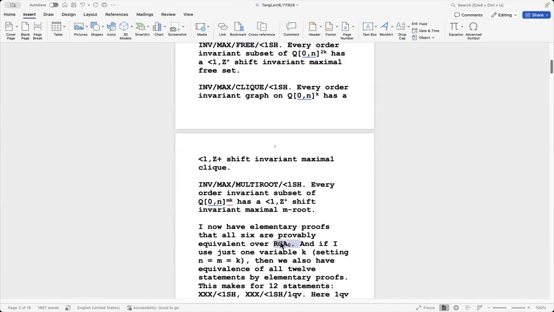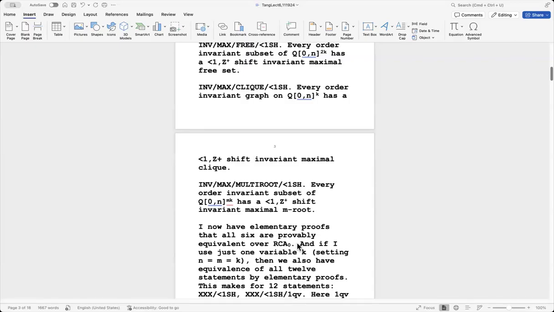This is new because I had to treat this last one as special. I didn't know whether it had an elementary derivation, and it turns out that it does with a little bit more effort.